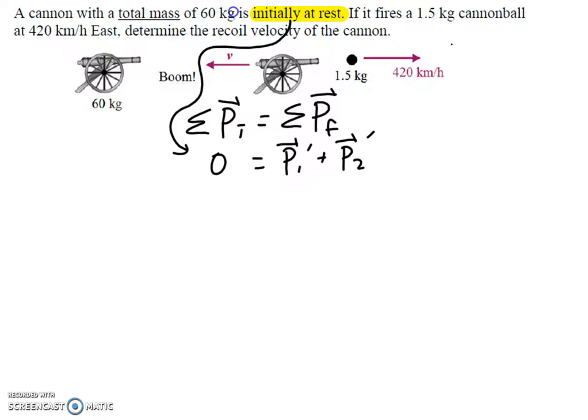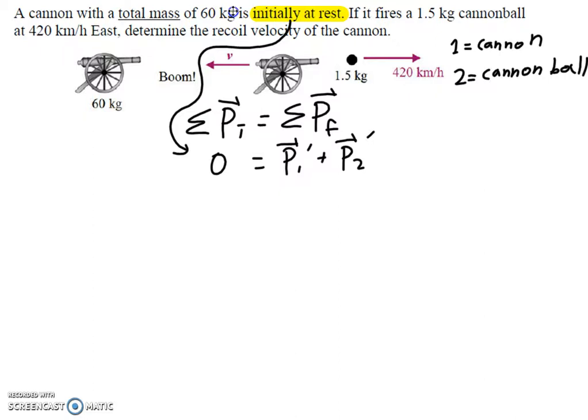Let's say 1 is the cannon and 2 is the cannonball. Oops, I spelled cannon as cannot.